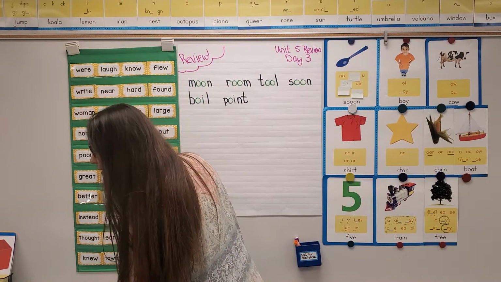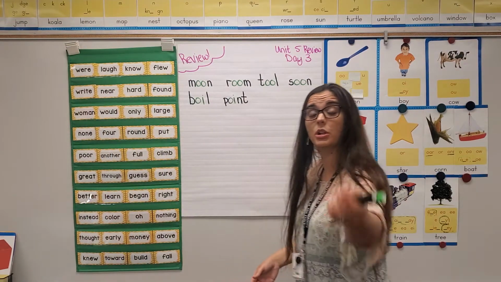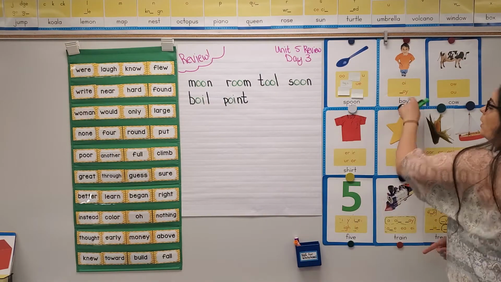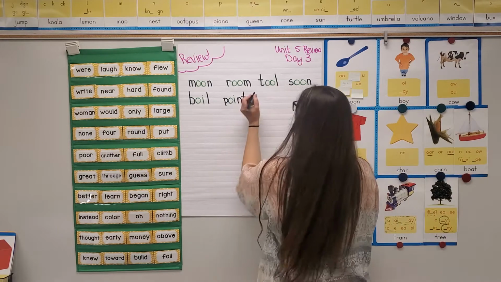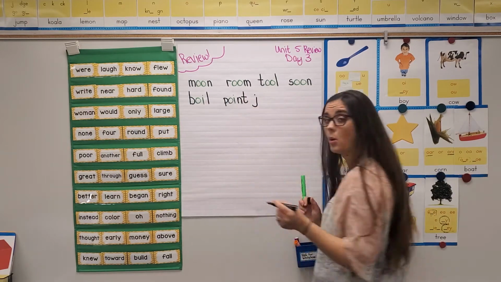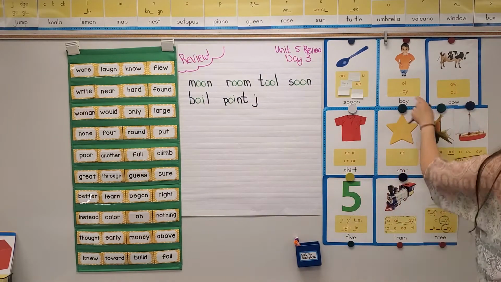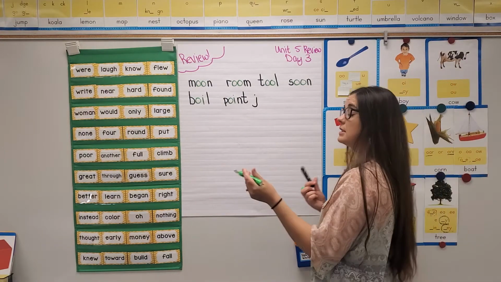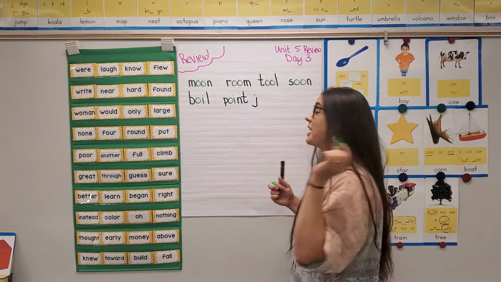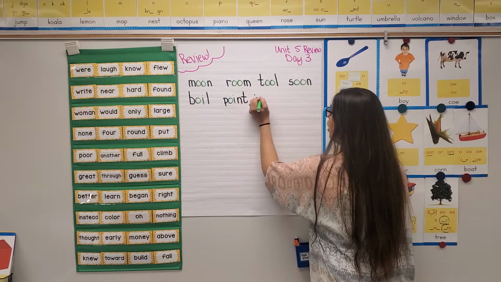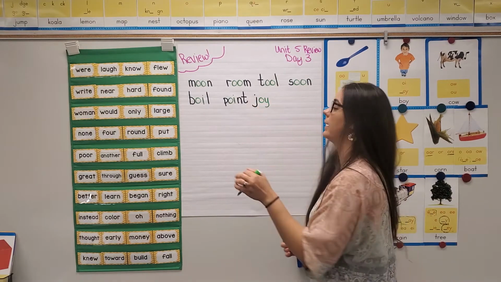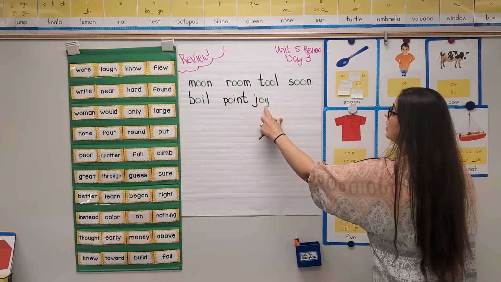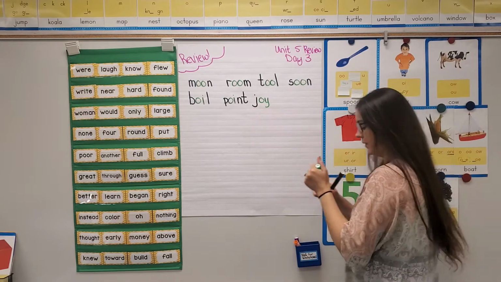Okay, so next word. Joy, your turn. Ja, oi, joy. So again, we hear joy, we hear oi at the end of the word. So that means oy coming at the end of the word is always oi. Let's blend. Ja, oi, joy.